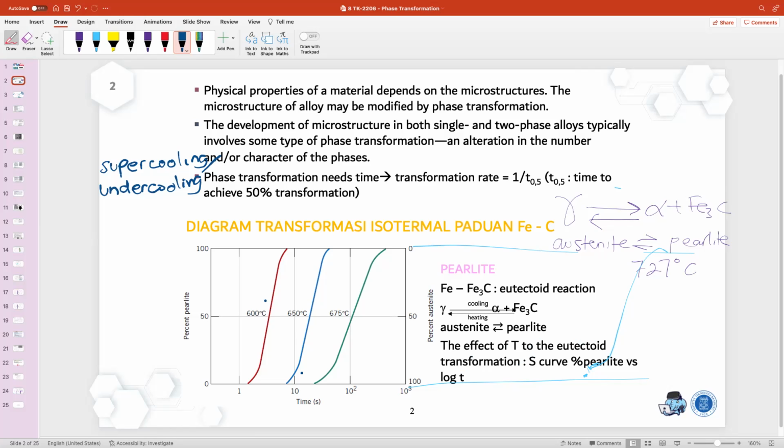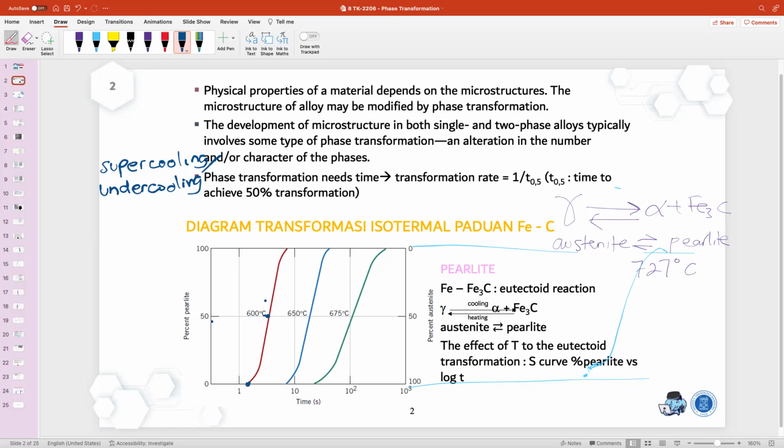Okay, so this is the effect of temperature on the eutectoid transformation. It is the S curve. The horizontal axis is the time in seconds. The vertical axis is the percentage of pearlite. This point is when it is 0% pearlite, or just 100% austenite.